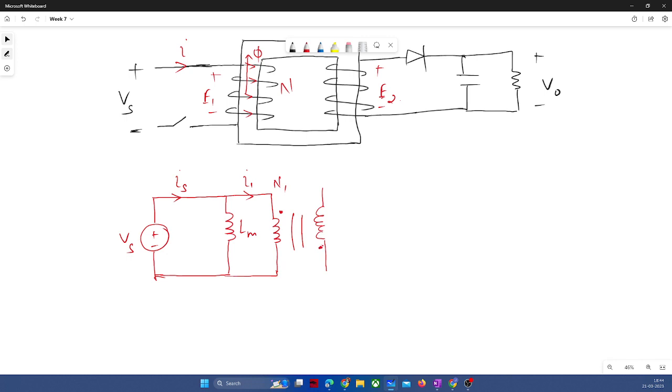So intentionally we have reversed the direction of polarity here so that when the switch is on, only one action happens. Our magnetizing inductance will get charged, and when the switch is off, it will get discharged, right? So intentionally we are putting dots in such a manner so that we achieve our switching performance.